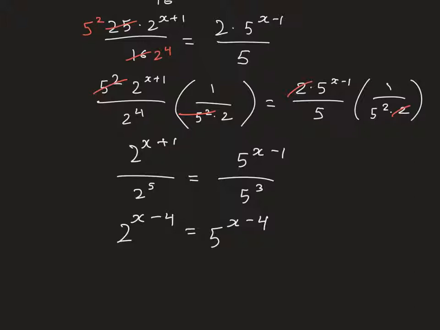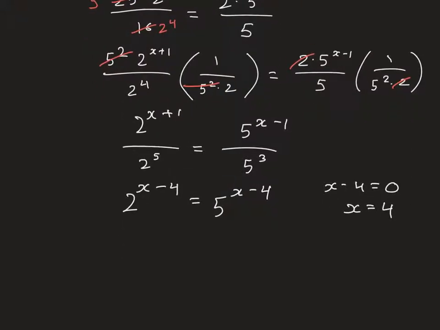And intuitively, the only solution to this would be x minus 4 equals 0 and x equals 4. Because when x minus 4 equals 0, that's 2 to the 0 equals 5 to the 0, and 1 equals 1, which is definitely true.